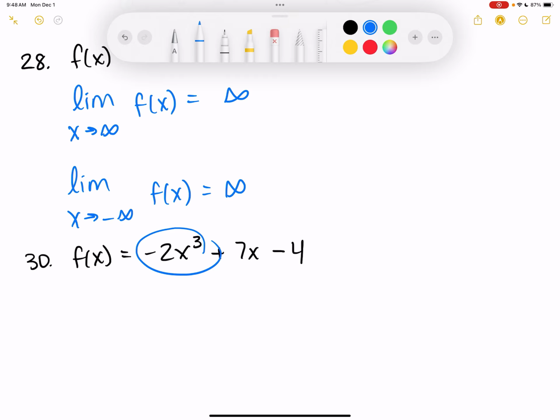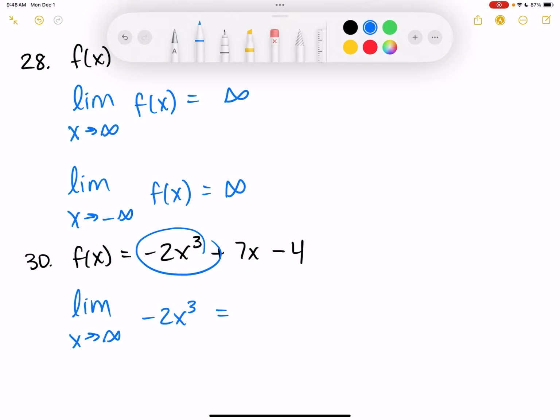Sometimes, instead of writing f of x here, you can write the limit as x approaches positive infinity of negative 2x cubed. You can write f of x, it really doesn't matter to me. But if you just want to think about your highest power so you're not worrying about what's happening elsewhere, all this stuff is meaningless at infinity, because this is going to way overpower everything else.